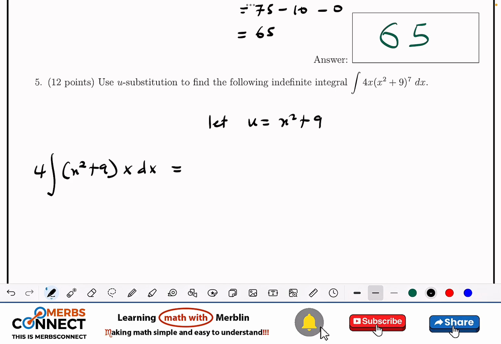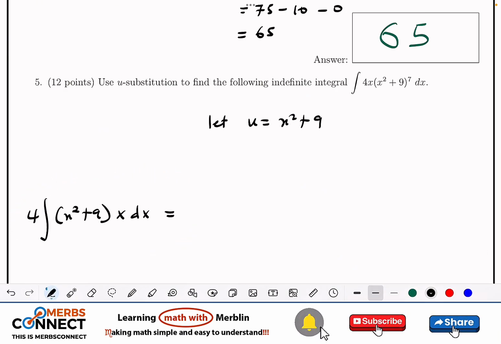Anytime I'm doing substitution and I pick the one with the highest degree, I try and move the one with the lowest degree to dx. So I bring the 4 out, I move this one close to the dx.